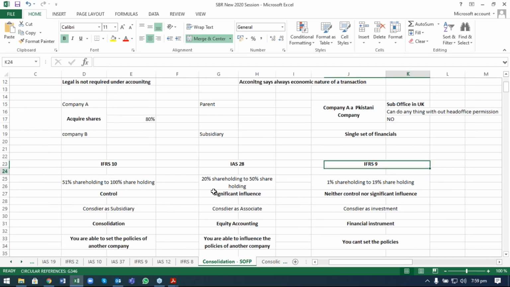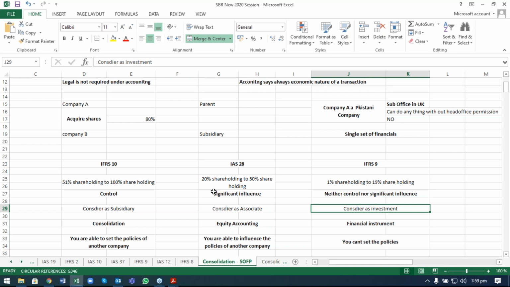But if you have acquired the shares of a company from 1% to 19%, you are neither exercising control nor have significant influence. You're going to consider that as an investment and it should be accounted for under IFRS 9, equity instruments, either at fair value through profit and loss or fair value through other comprehensive income, depending upon the intention of the management, what management intended with those shares.